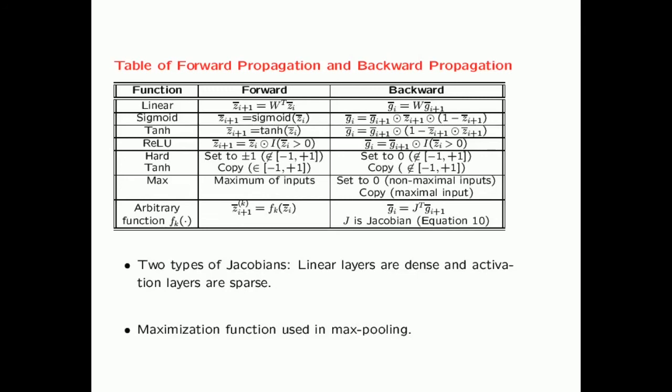On the other hand, in the activation layers, for example the sigmoid layer, the Jacobian is a very sparse matrix. It's in fact a diagonal matrix. So you really don't want to use the matrix form of the Jacobian when you're backpropagating across an activation layer. However, for the linear layers, you would obviously need to perform a matrix multiplication.